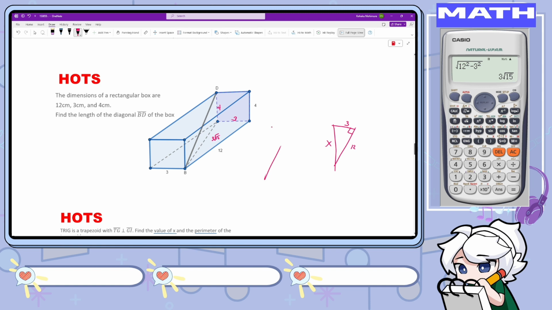If you draw this triangle here in a 3D sense, it will look something like a right triangle still. This is 3 square root of 15, and this is 4. So you're missing the hypotenuse. Let's set that hypotenuse as y. So you're getting the square of 3 square root of 15 squared plus 4 squared. Wait, did I get this wrong?